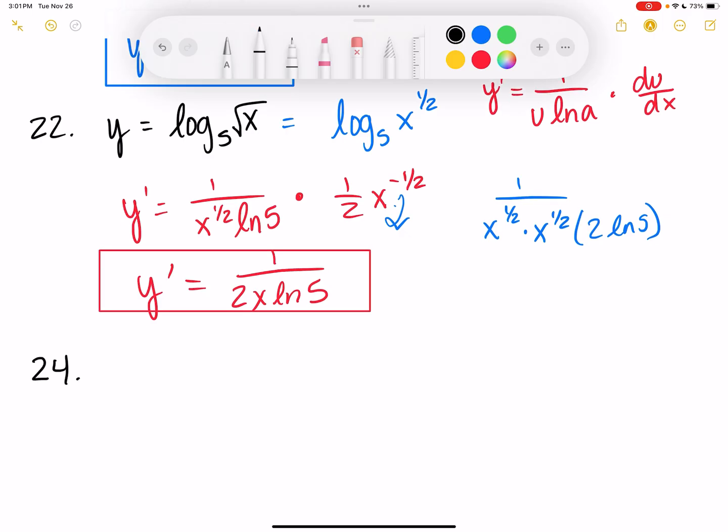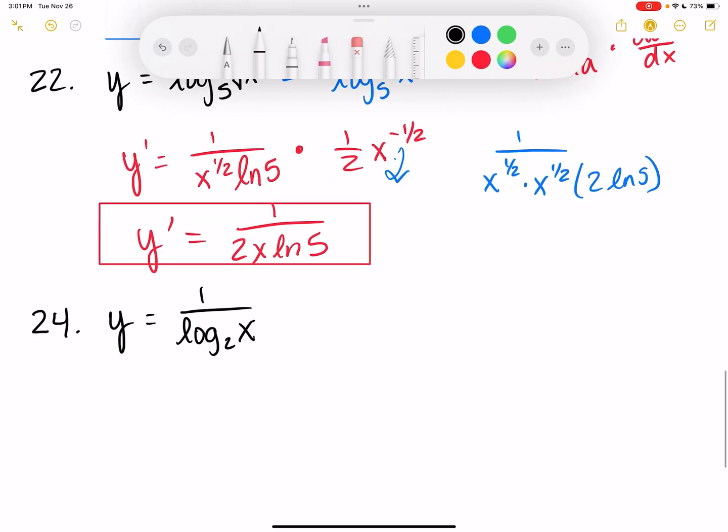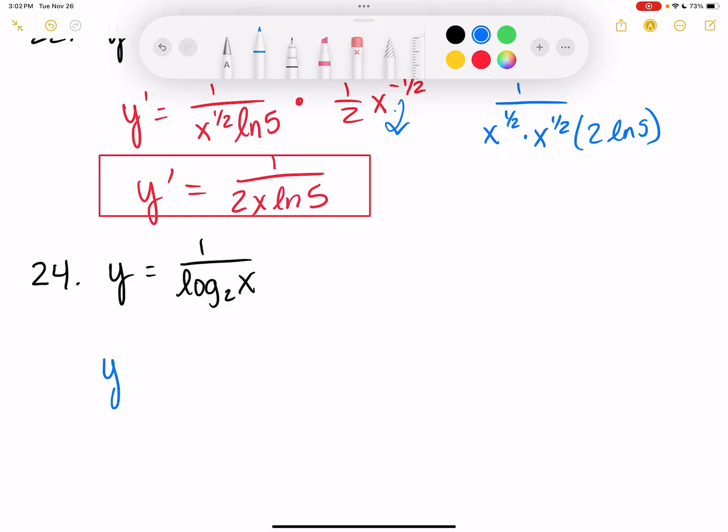And then the last one we have: y equals 1 over log base 2 of x. I would say probably the easiest way to deal with this one is to think about this as a quotient rule, so that you make sure you get all the signs right, because this one is kind of a weird one. So the derivative of the top is 0 times the bottom, so I'm just going to write 0 as a placeholder, minus the top, which is 1, times the derivative of the bottom.